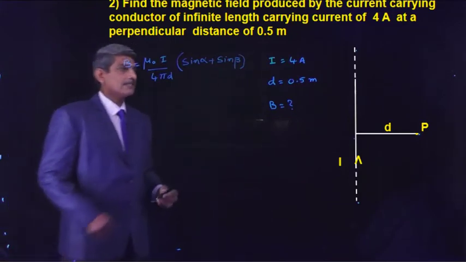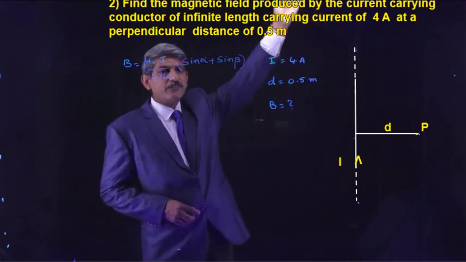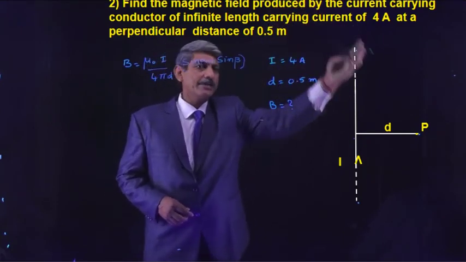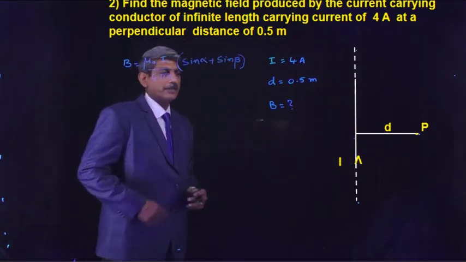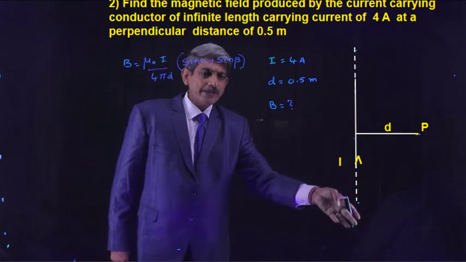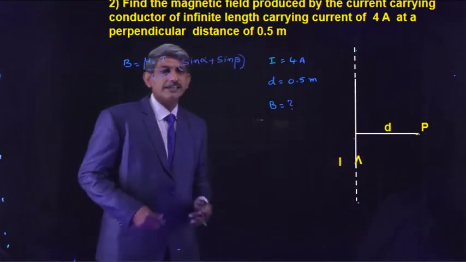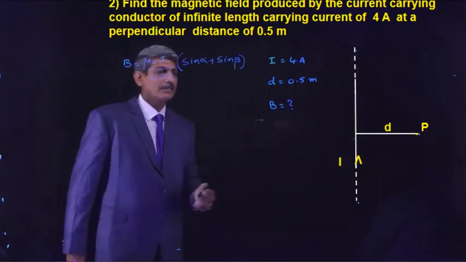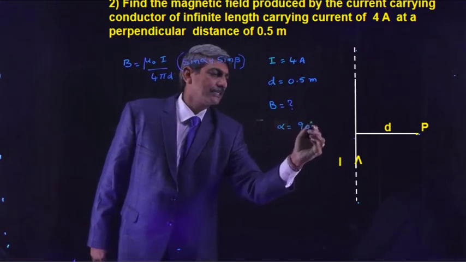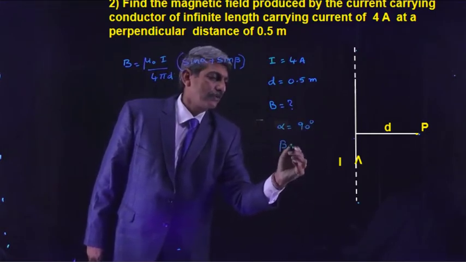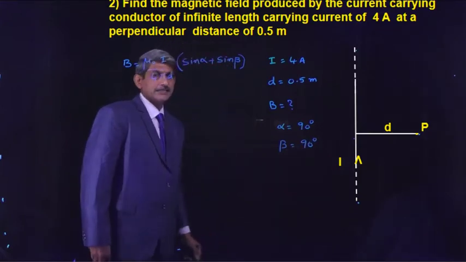So in this case, the point which is far away from the point P is making an angle of alpha is equal to 90 degrees at point P, and the bottom point which is also at infinite distance is making an angle of 90 degrees at point P. That's why the angle of elevation of the highest point alpha is equal to 90 degrees, and for the lowest point also the angle is equal to 90 degrees.